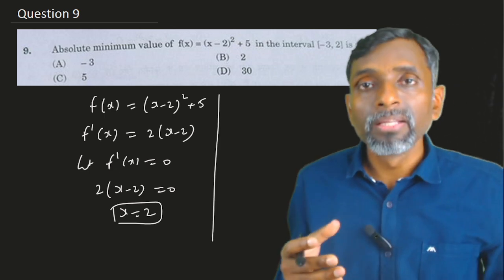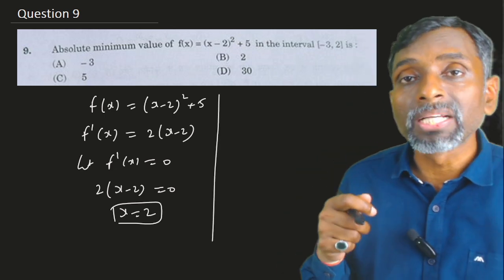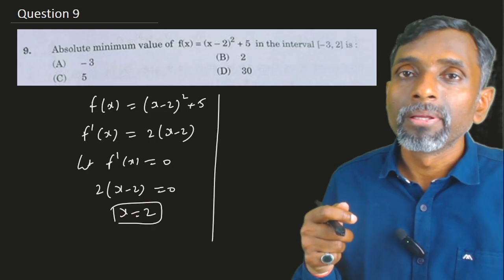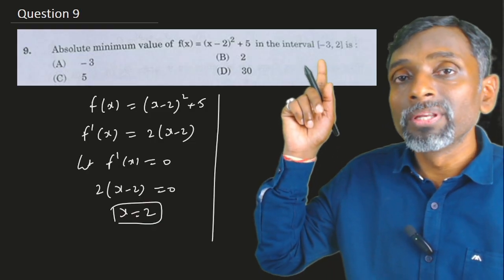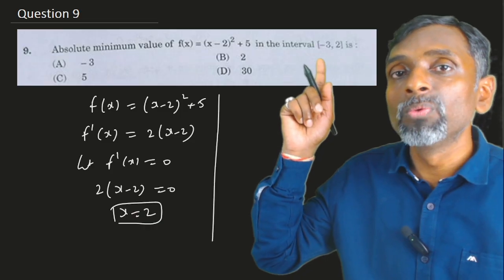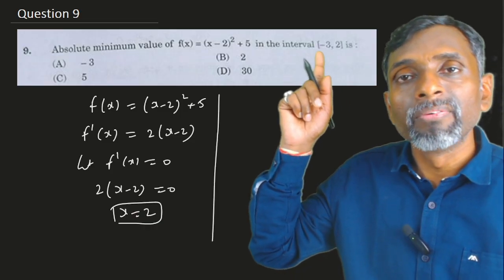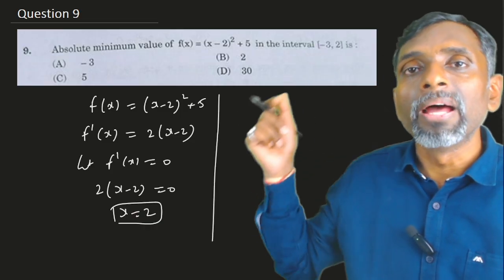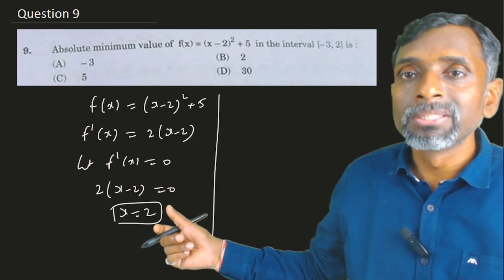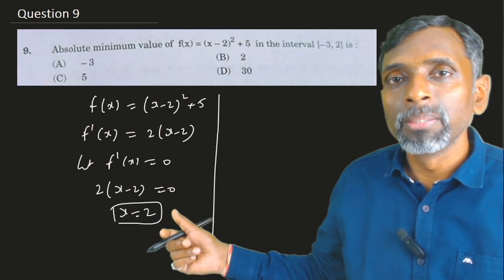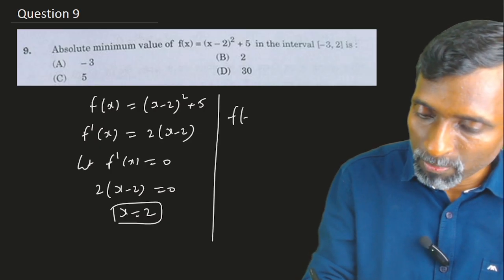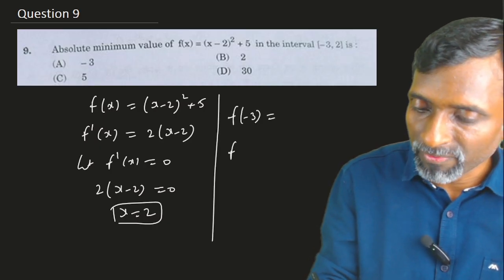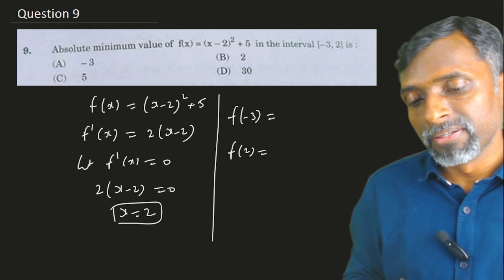Now, when we are finding the absolute maxima or absolute minima, there is always a closed interval given in the question. So closed interval means we have to include these two values also. So we need to find the value of f(x) at these 2 points as well as the turning point. Coincidentally, in this question, the turning point is same as the upper limit. So we have only 2 points, minus 3 and 2, where we need to find the f(x) value.